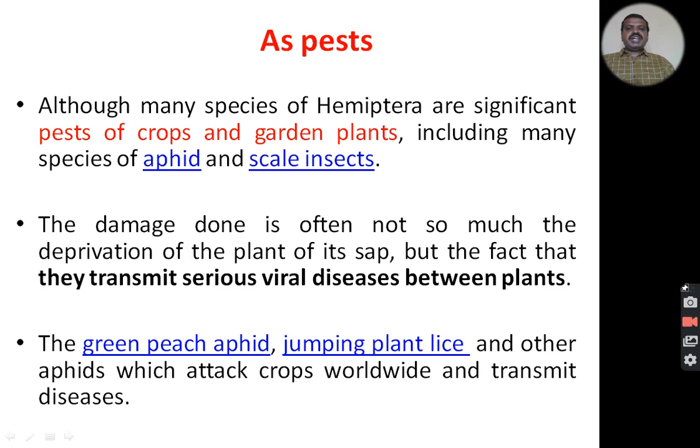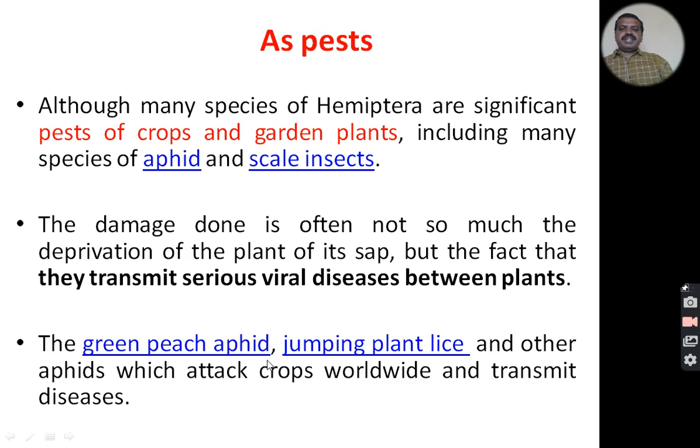Some of the pests, once they feed on the plant sap, can also act as a potential disease-causing agent. They carry disease-causing viruses and transmit them from one plant to another.